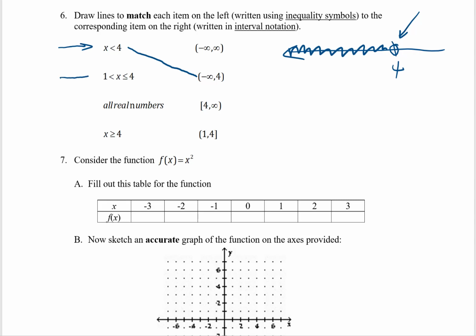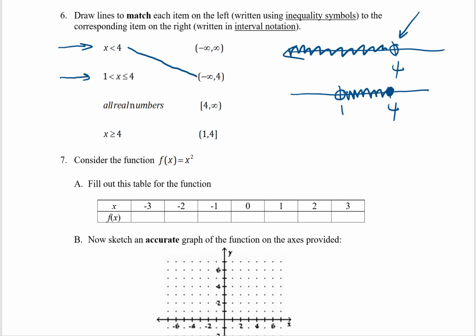Okay, second example. 1 less than x less than or equal to 4. The better way to read that one is all numbers between 1 and 4. Now notice the 1 does not have an equals with it, so I'm going to have an open circle there. The 4 does have an equals, meaning it's included as part of the solution, so I will have that shaded in.